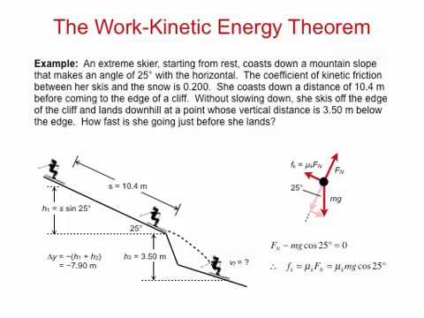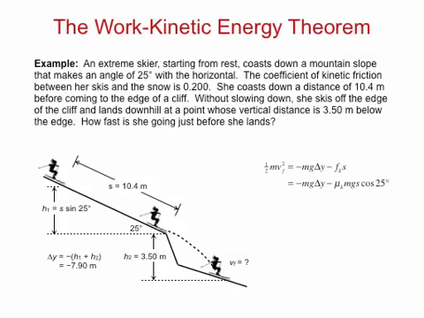Solving for F sub n gives F sub n equals mg cosine of 25 degrees. That means the magnitude of the kinetic frictional force is F sub k, which equals mu sub k times the normal force, which equals mu sub k times mg cosine of 25 degrees.